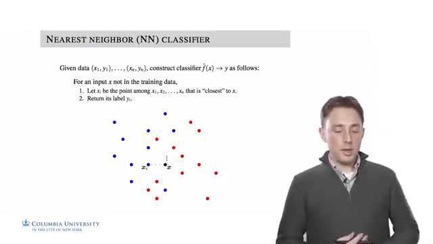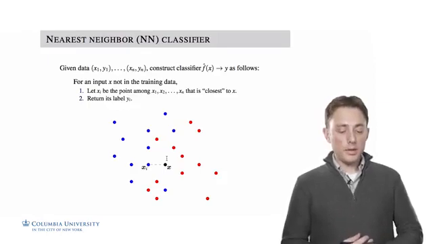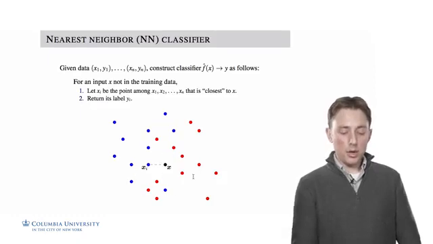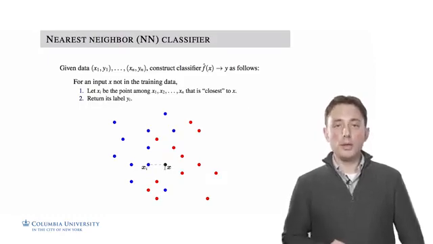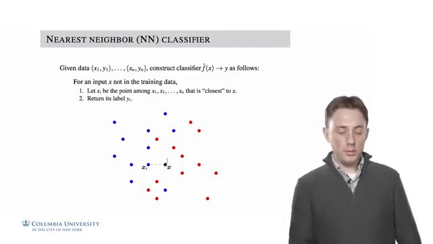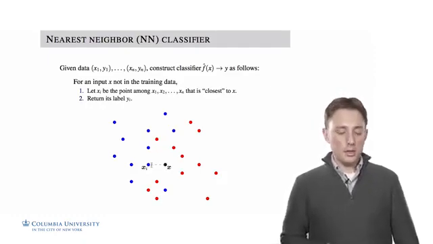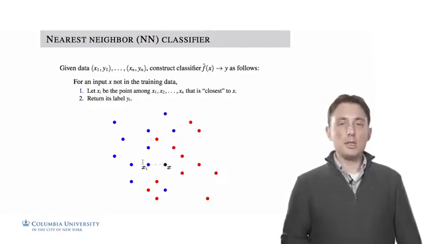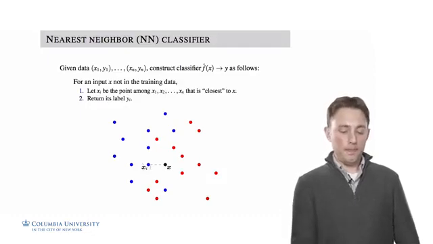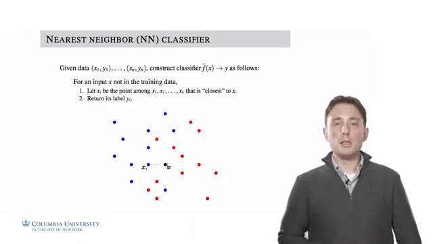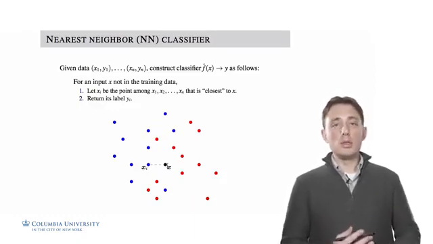The nearest neighbor classifier does this by simply finding the point within our labeled data set, among all of these colored points, that is closest to the new input point that we want to classify, and then assigning the class of this input to be whatever the class is of the nearest neighbor. So for this example, the new point that we wish to classify is closest to this point here in our training data set. This point is labeled class blue, and therefore we would predict that this new point is also class blue.